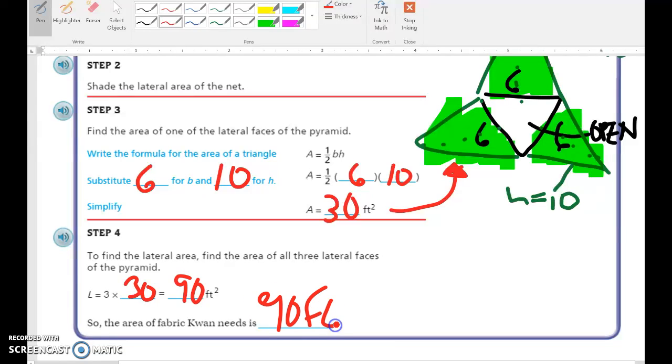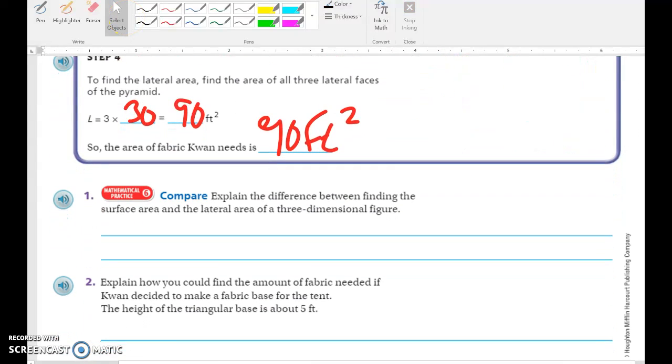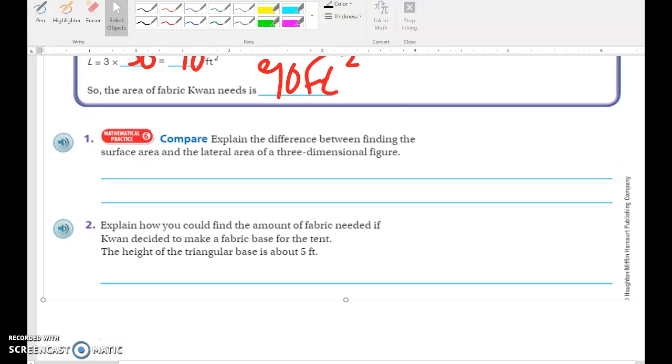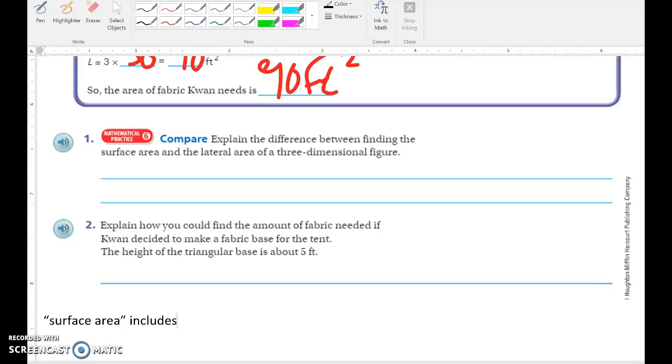Okay, let's take a look at these last couple questions on the page and make sure we understand them before we move on. The difference between the surface area and the lateral area: the surface area includes all surfaces, lateral faces and bases.